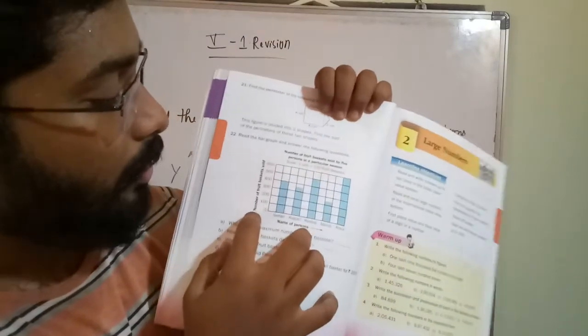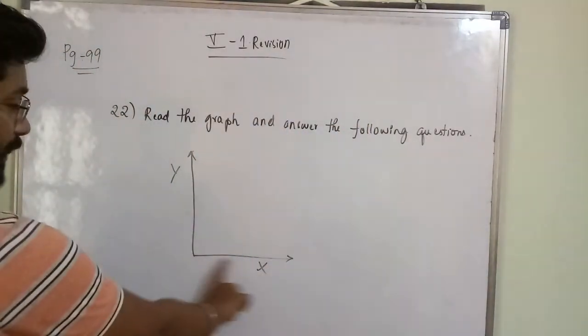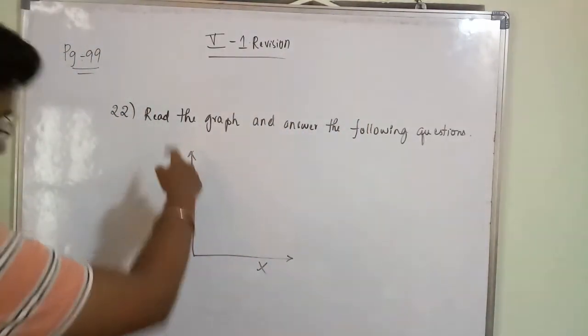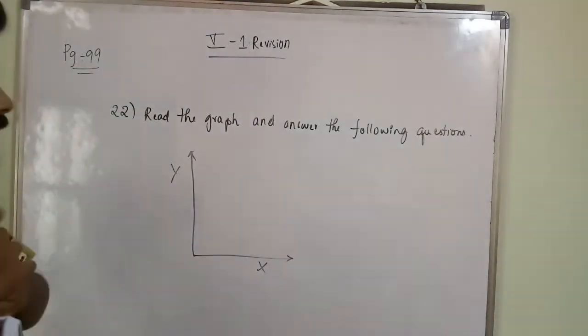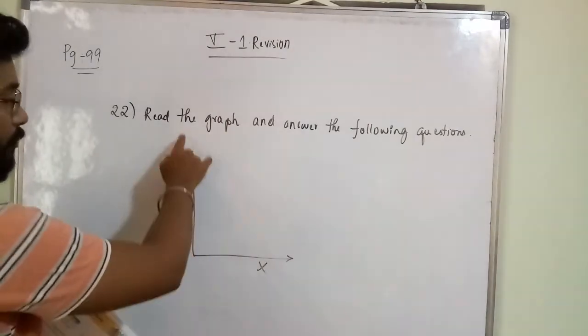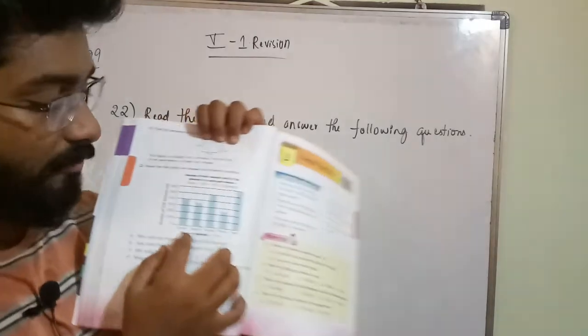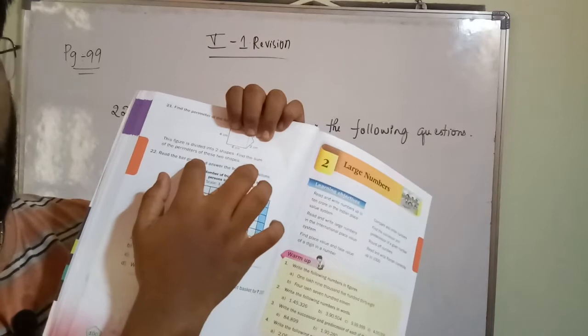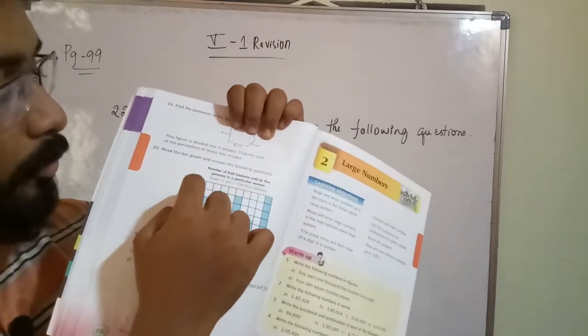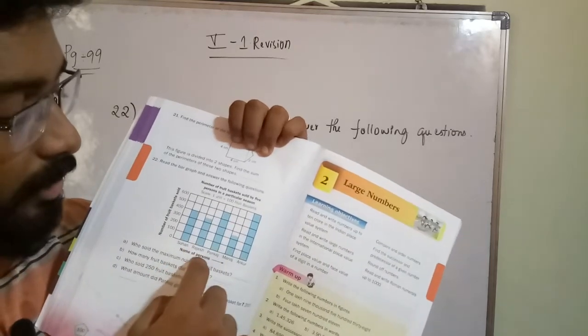So this is the y-axis, this is the x-axis. The number of persons is on the x-axis. Here you have the number of persons on the x-axis, and on the y-axis you have the number of fruit baskets sold.